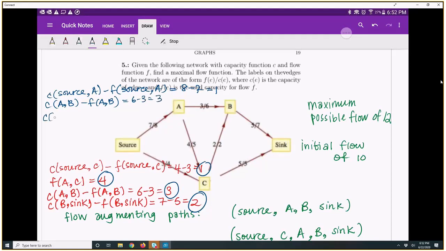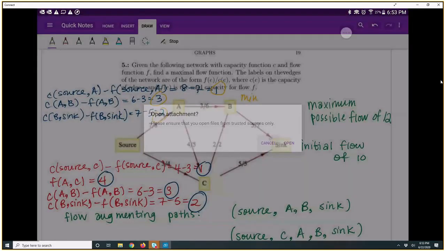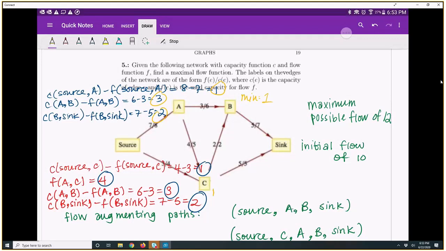And C of B to sink minus flow from B to sink, and that's 7 minus 5, 2. So the minimum here is 1. The minimum here is also 1.